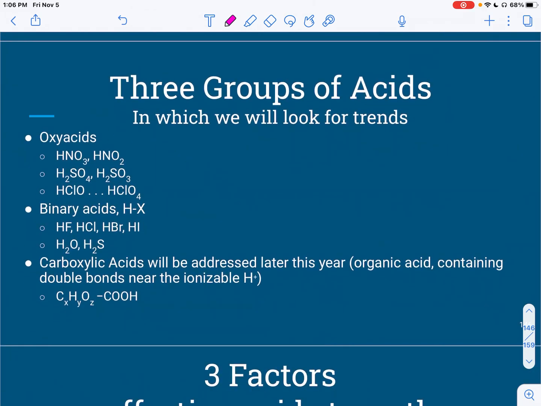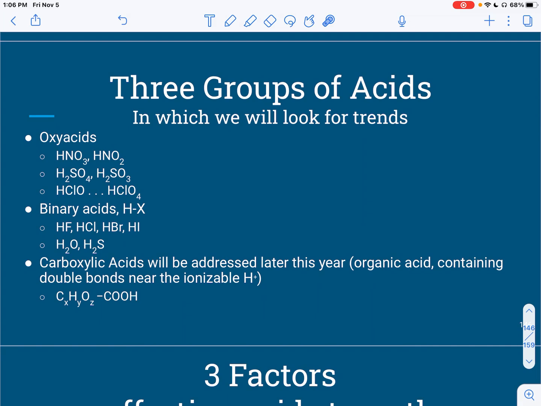We're going to talk about 3 different groups of acids throughout this course. One is an oxyacid, which you can see obviously has oxygen in it. Binary acids are just H attached to an element. Sometimes there might be more than one H, but it's always attached to just one other thing.